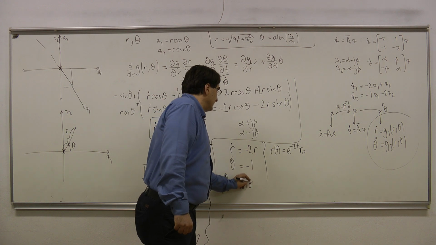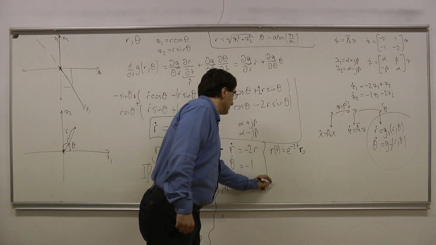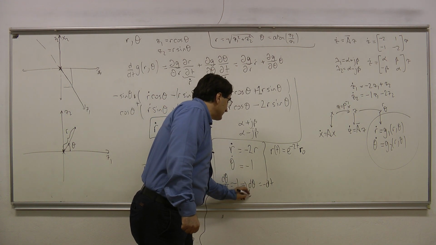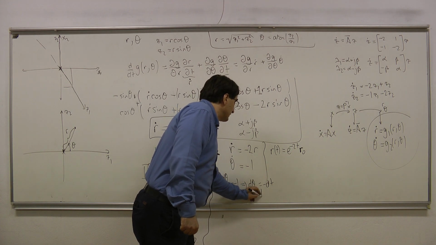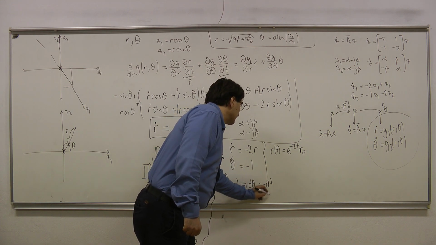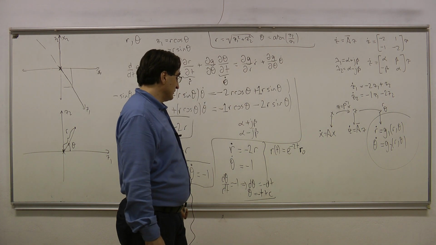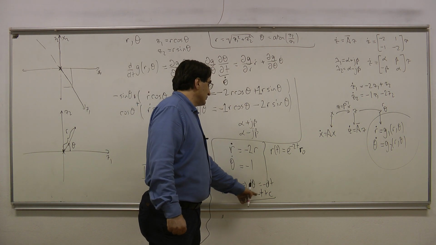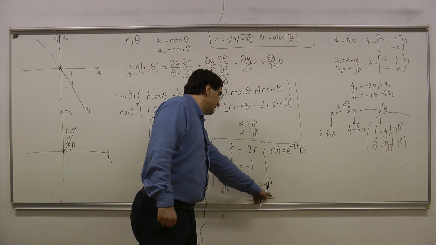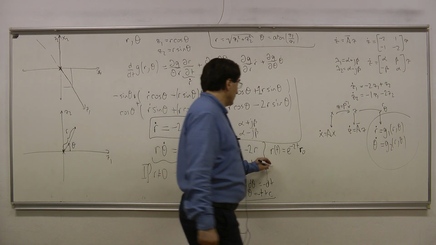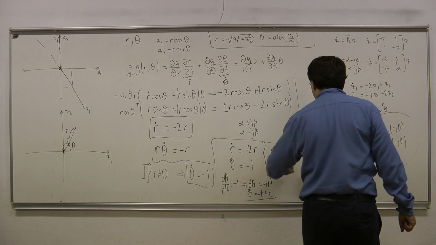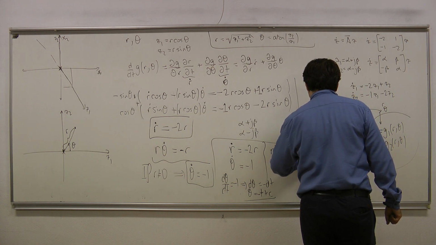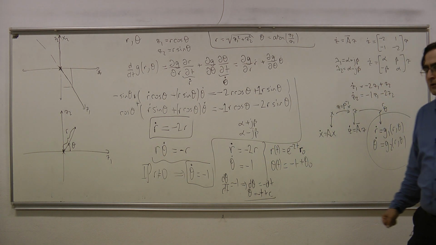That means that d theta is equal to minus dt. Integrate both sides. Theta is equal to minus t plus c, the constant. But you see, if you substitute t equals to 0, you see that c should be equal to theta 0. That means that theta of t is going to be minus t plus theta 0. Okay?